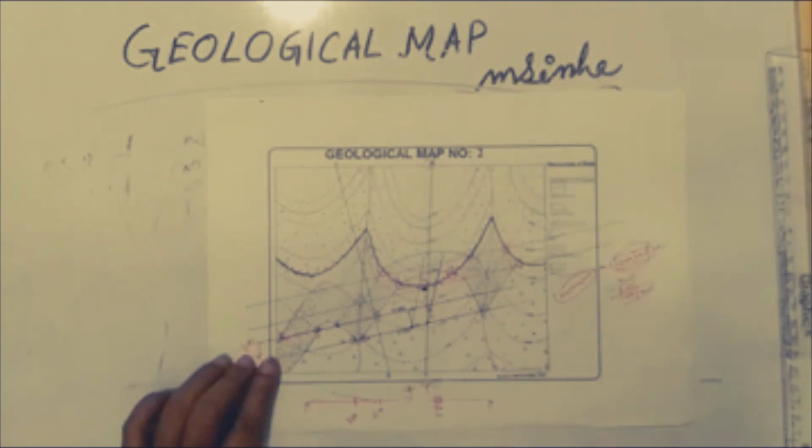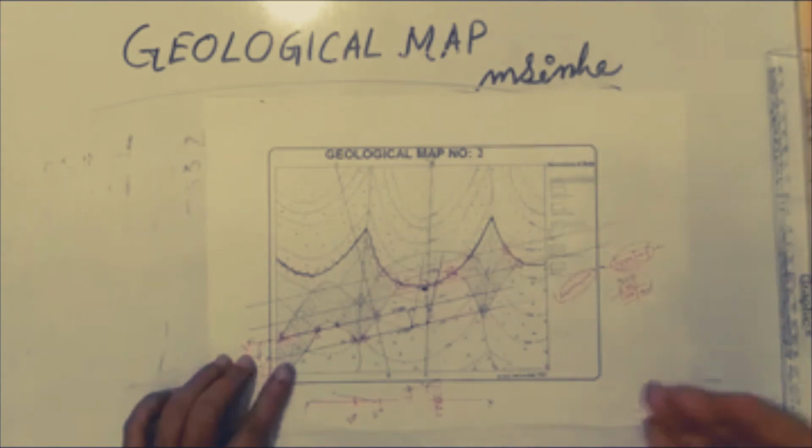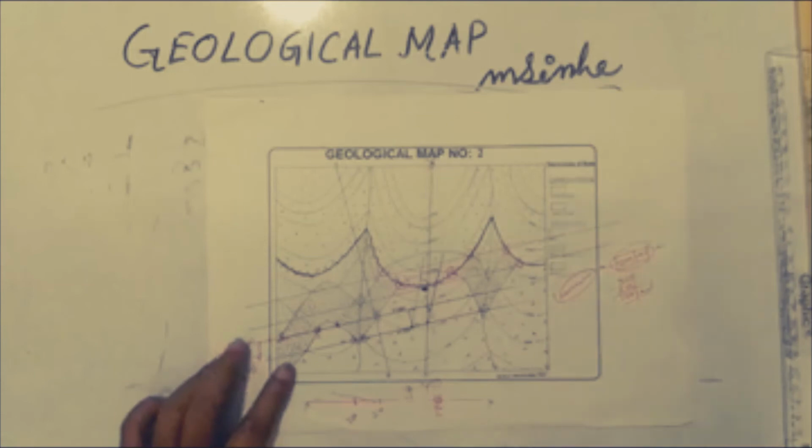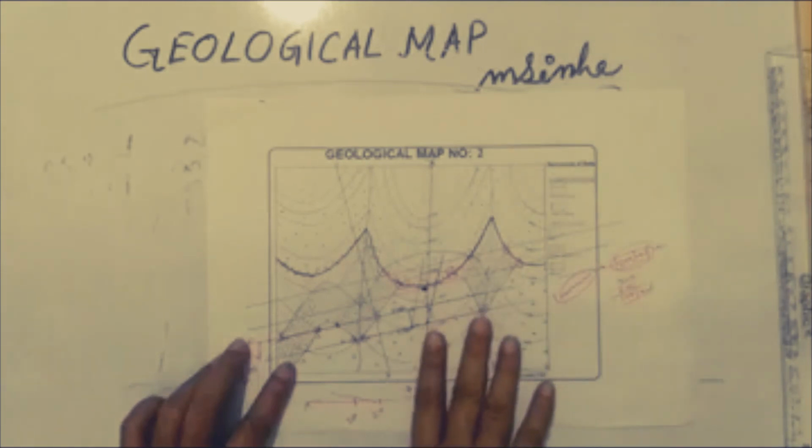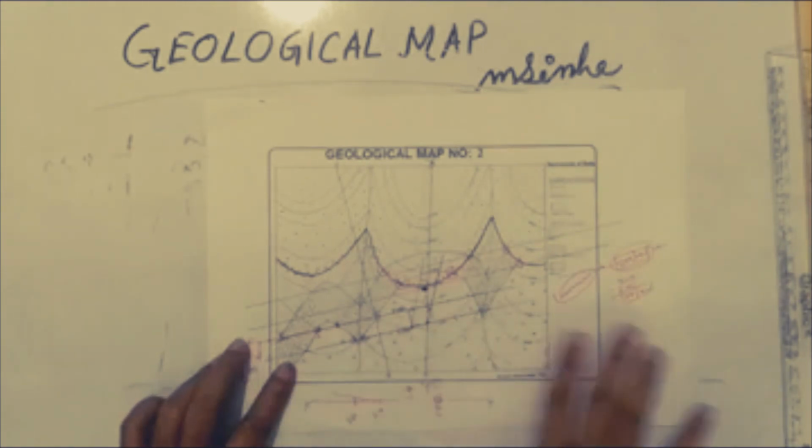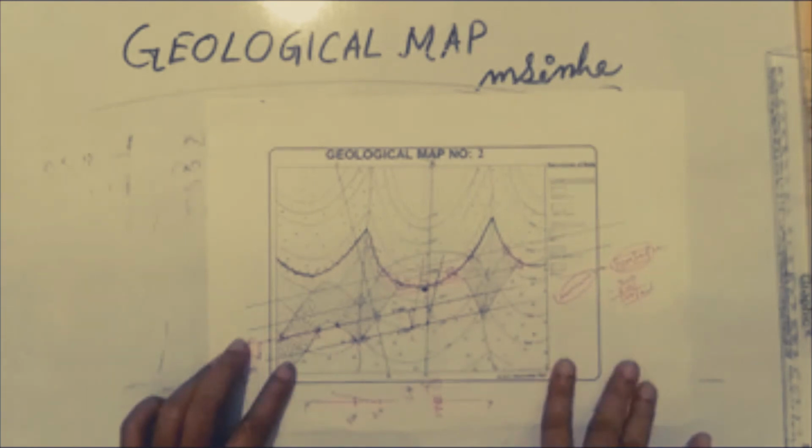If the same straight line cuts a particular bed at its lower boundary as well as its upper boundary, observe the contour values, get the difference of those two contour values, and you can derive the thickness of the bed. This is another way you can get the thickness of the bed from the geological map.